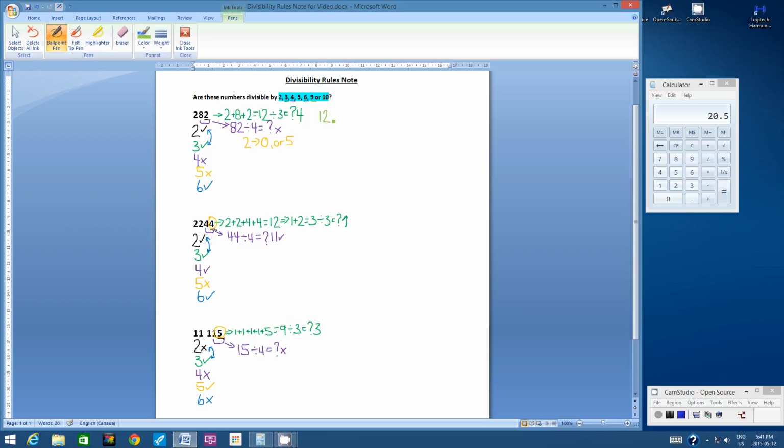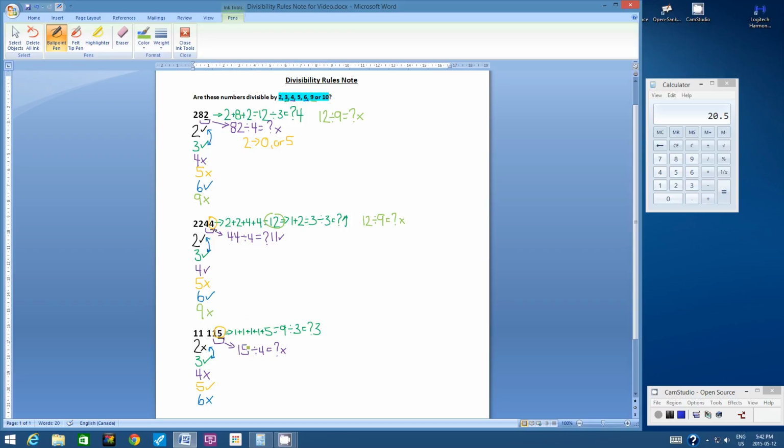Is 12 divisible by 9? No, it is not. So 9 does not work for this number. We've taken the sum of this number, 2 plus 2 plus 4 plus 4, it's 12. Is 12 divisible by 9? No, we just had that in the previous example. So this number is not divisible by 9.